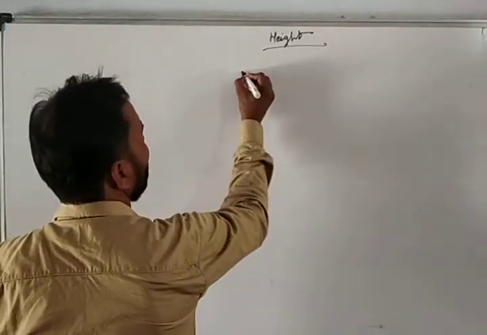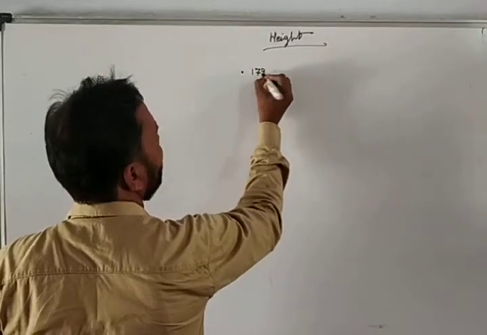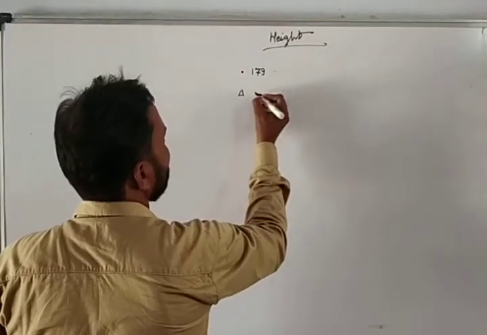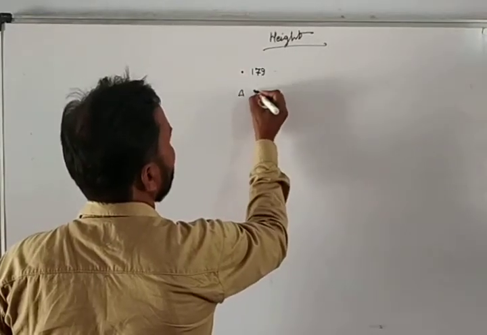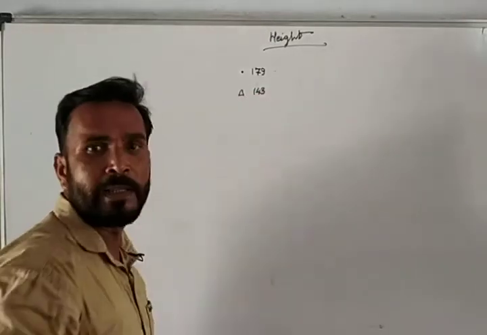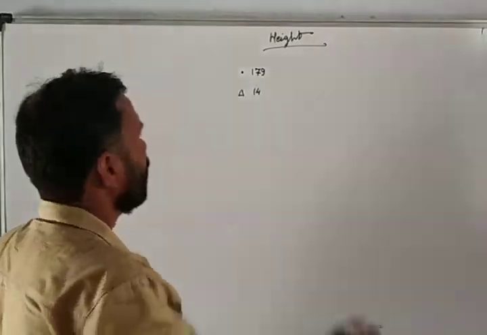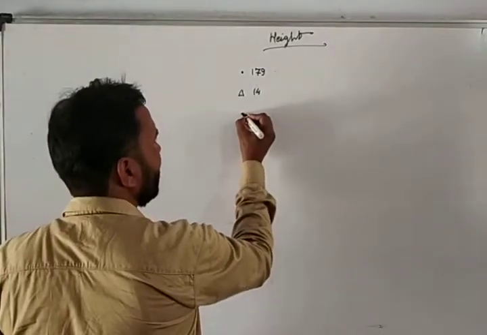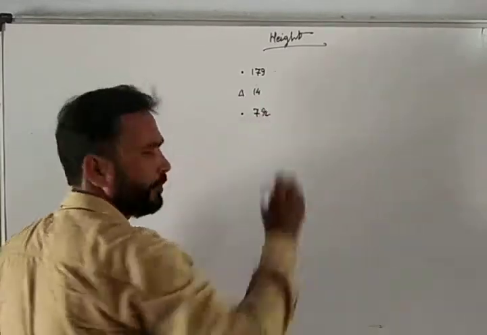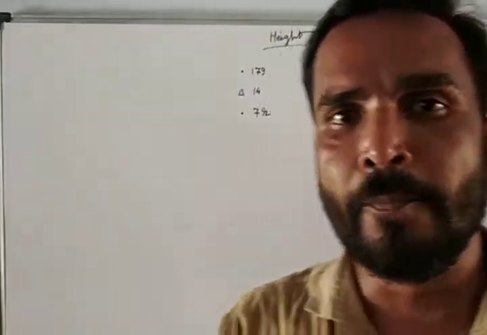In some places you will get a dot, and here it is written 179. Another thing, you will get a triangle, and along with this triangle it is written 143, or maybe 14 only. Or some places you will get a dot, and with this dot it is written 7R. These three kinds of things you will generally get in the map.